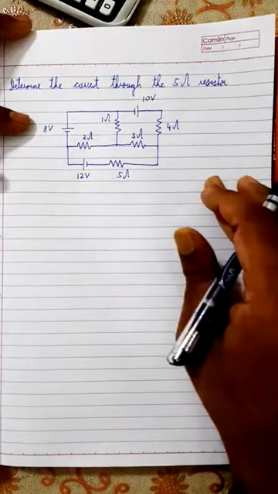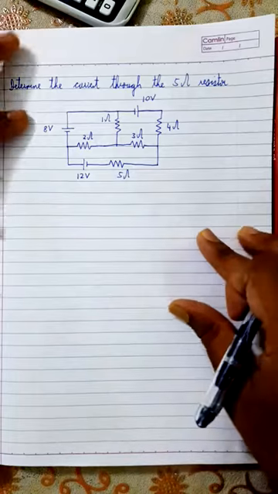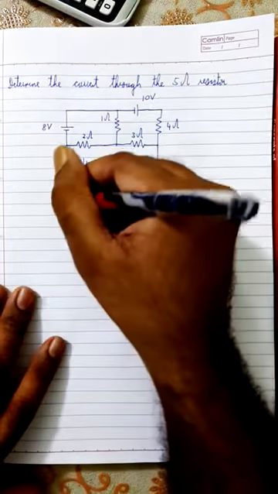Okay, so here the circuit is very small. Let me draw the circuit one more time so that I can mark the mesh current very easily.